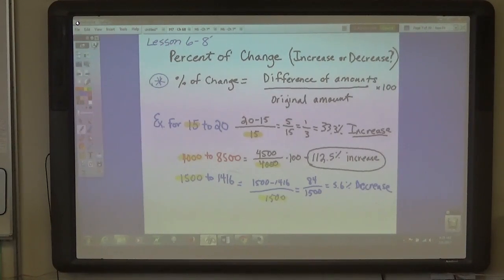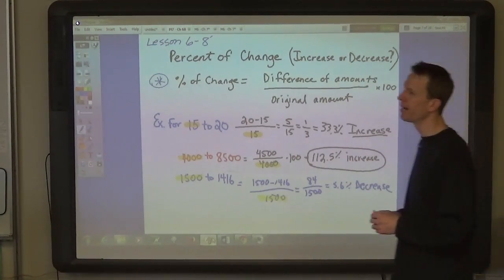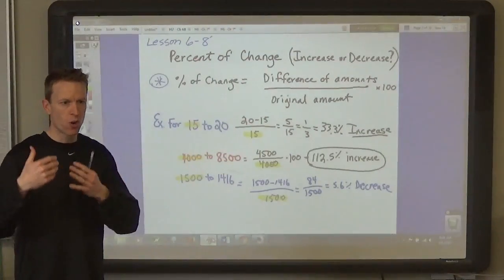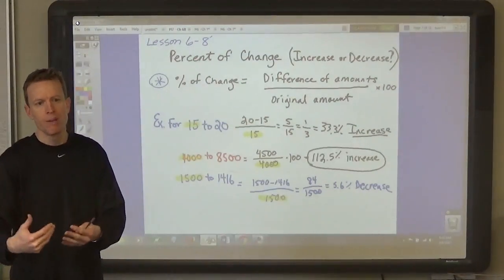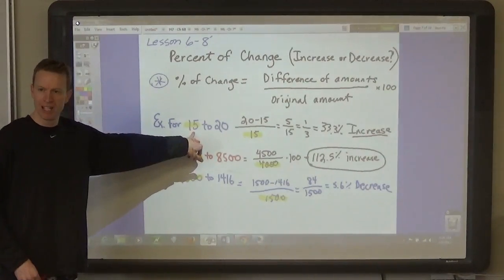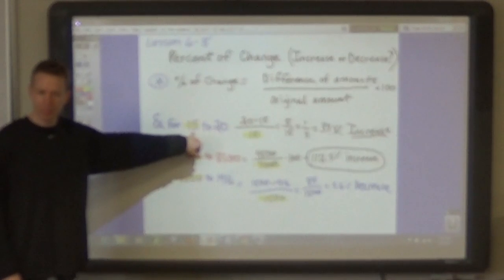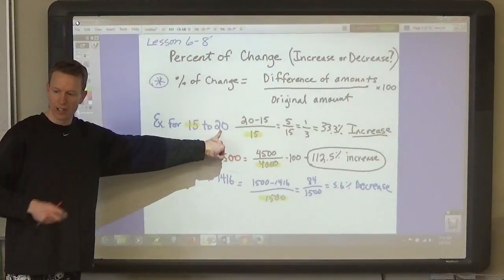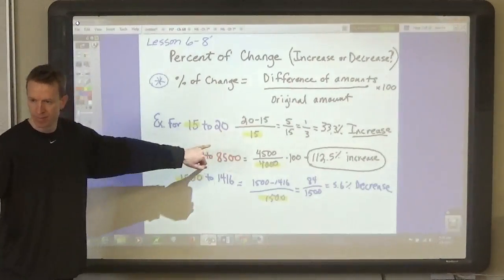All right? So we're talking about something like, let's say that your basketball team was scoring 15 points a game in the beginning of the season, and now in the last part of the season, they're scoring 20 points a game.